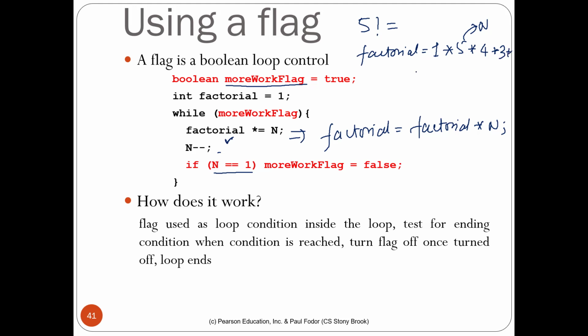Then you multiply it by 2, and when your n is 1, then that means we are done. We don't want to continue looping around. So how do we reflect that in this particular implementation? Whenever you have n is equal to 1, we will set this moreWork flag as false. This being false will take you out of the while loop.